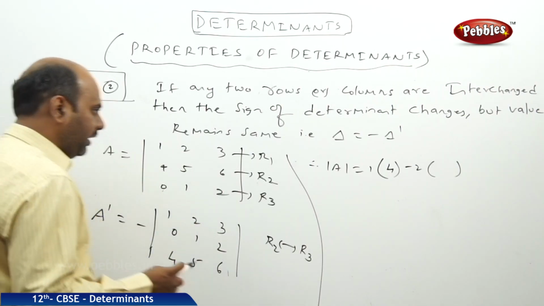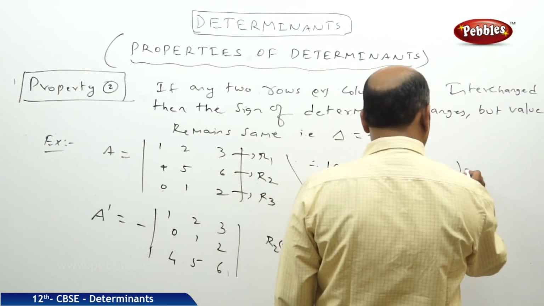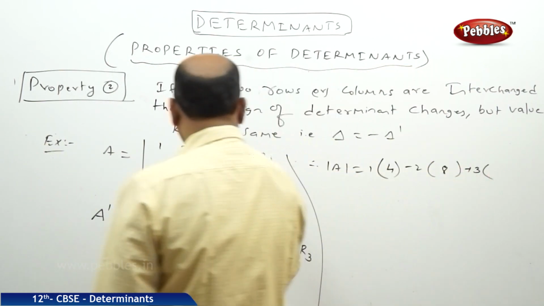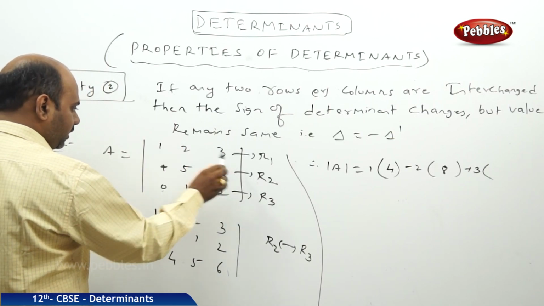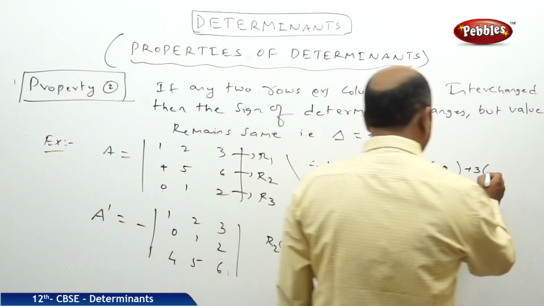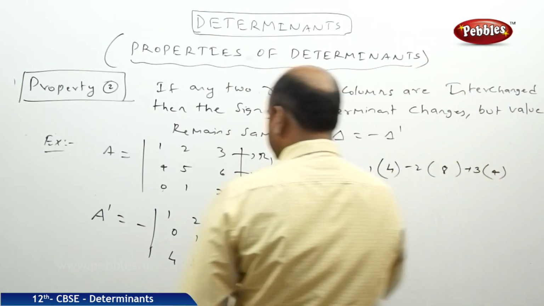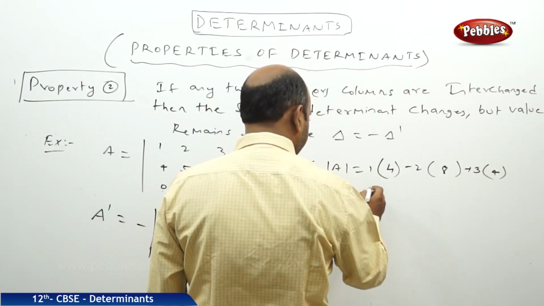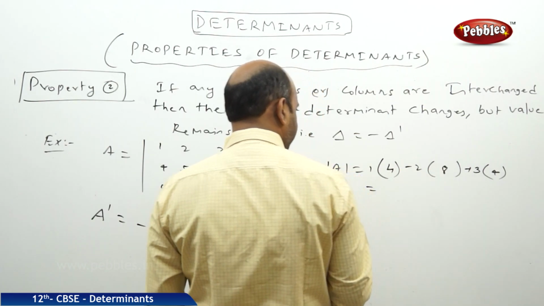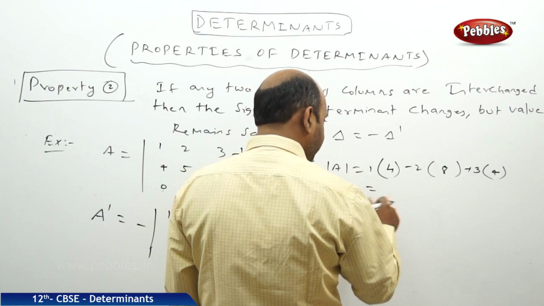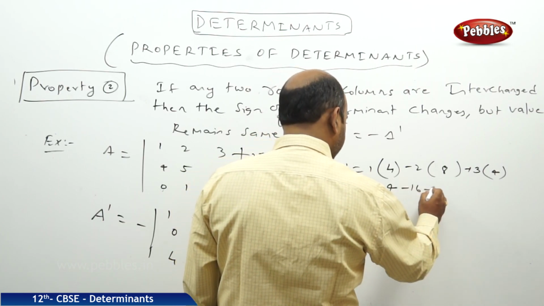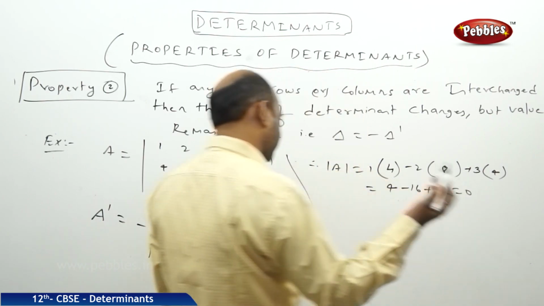That means 4 2s are 8. Plus 3 into its minor: we delete the corresponding row and column, so we get 4, because 0 into 5 will be 0. So 4 minus 16 plus 12. I think we are getting 0, if you observe carefully.